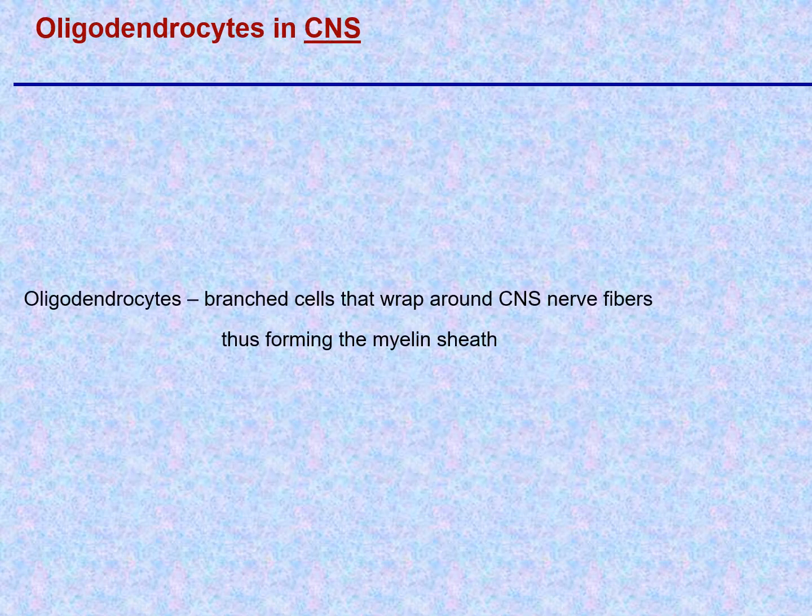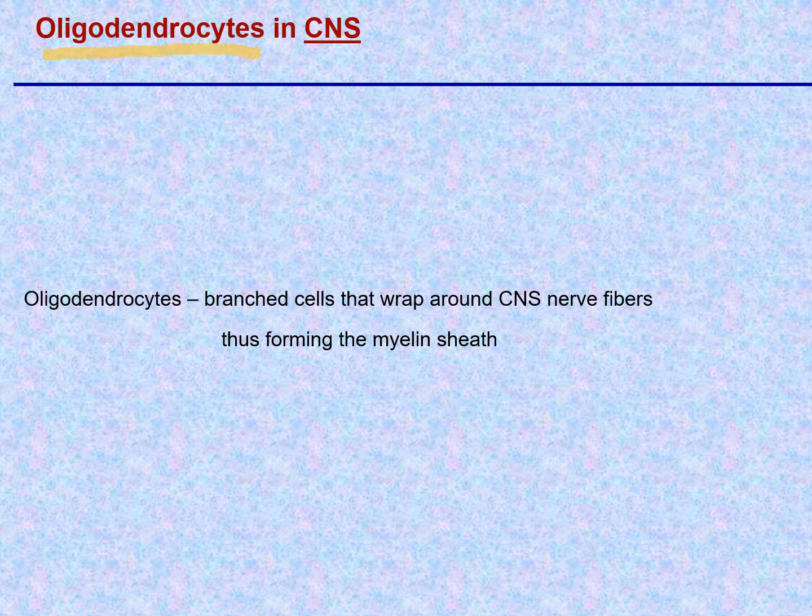Now, another type of cell that is supportive, and it's found in the CNS. This is the fourth one we're talking about. We talked about astrocytes, microglial cells, and ependymal cells. The fourth type are oligodendrocytes.